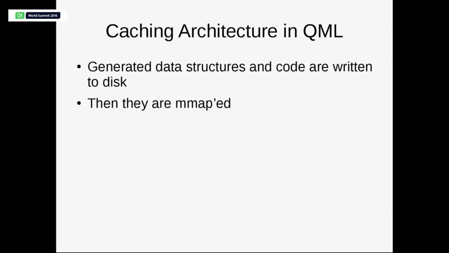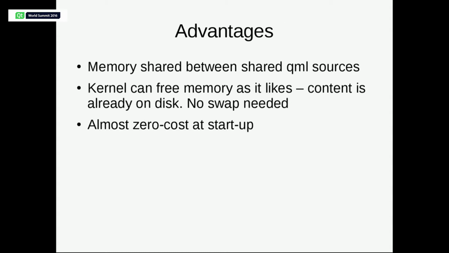And when you mmap a file, you basically get the memory for free. Because the moment you access that memory, the view of the file, that's when the kernel starts loading it. And when it doesn't need it anymore, you don't access it anymore, the kernel can throw it away because it's already on the disk. So mmapping was a key trick that we could use to do that.